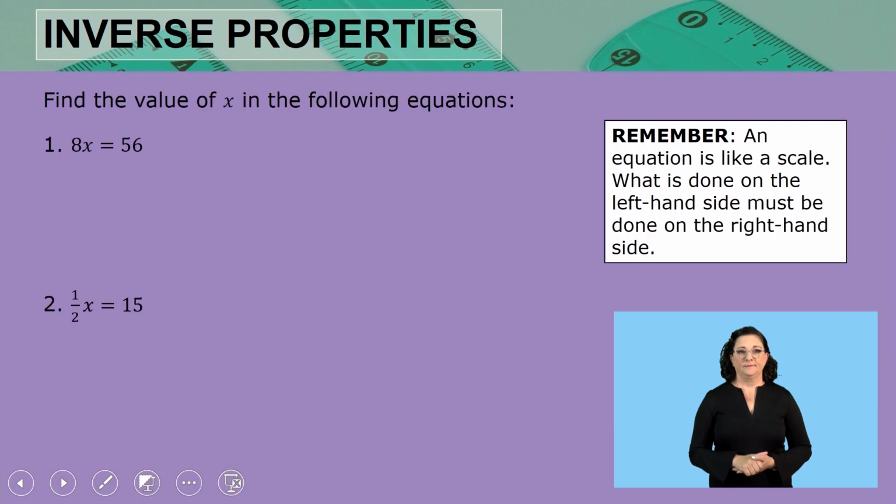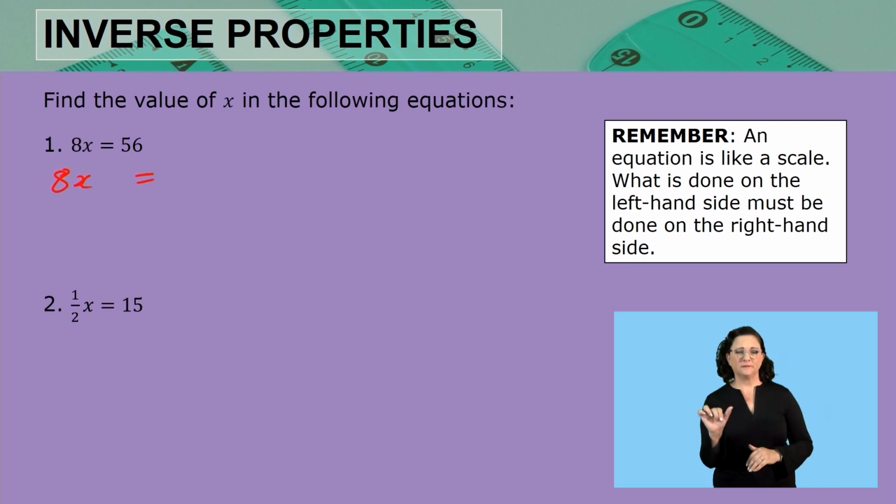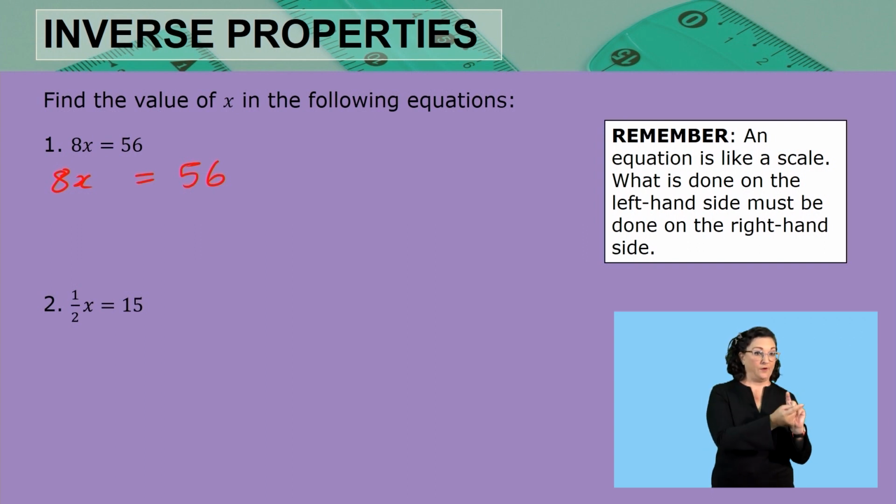Let's look at more of these equations. So the first one there, we have a number multiplied by 8 is equal to 56. So how do we solve an equation like that? Remember, you can either multiply by the multiplicative inverse, which is 1/8, or we can divide by 8. We are reversing a process that was done.